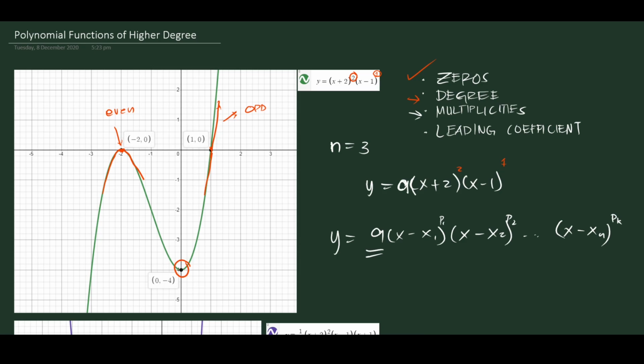So y is equal to a multiplied by the factors and their multiplicities. You can determine this a by substituting (0, -4) into it. That's basically how you determine the equation of a certain polynomial function given its graph.